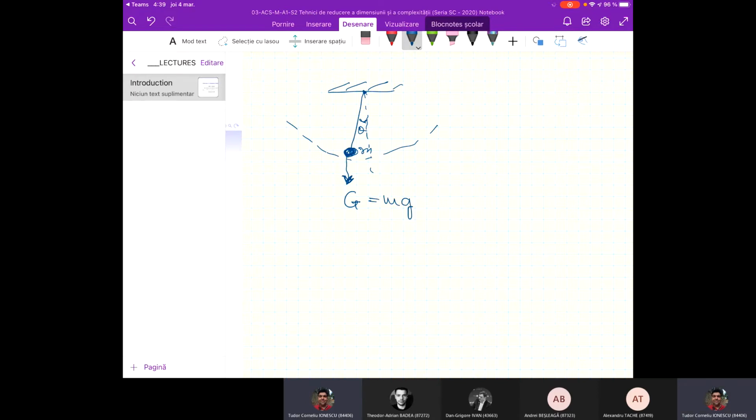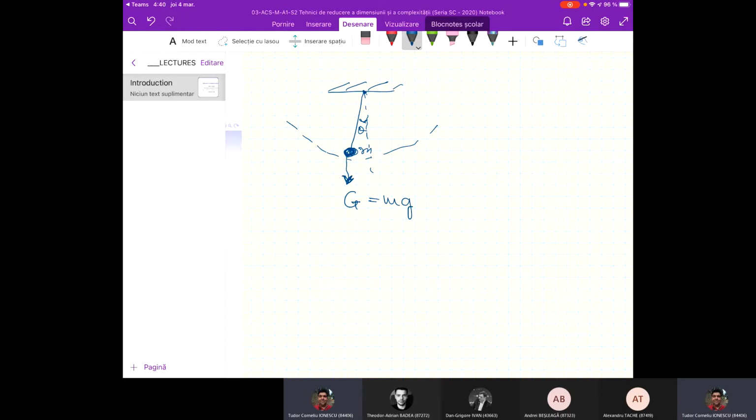Now, how do you describe this as a system? Of course, to get a mathematical model, you're going to use motion laws, or conservation laws, physical laws, from Newton, for instance. So here you've got rotation movement.